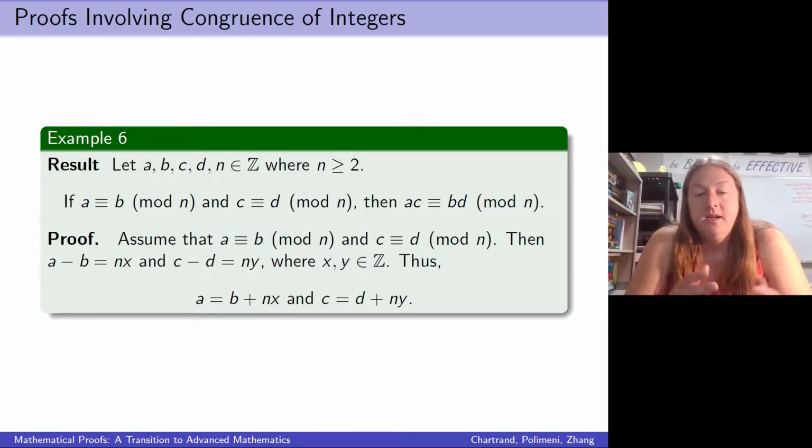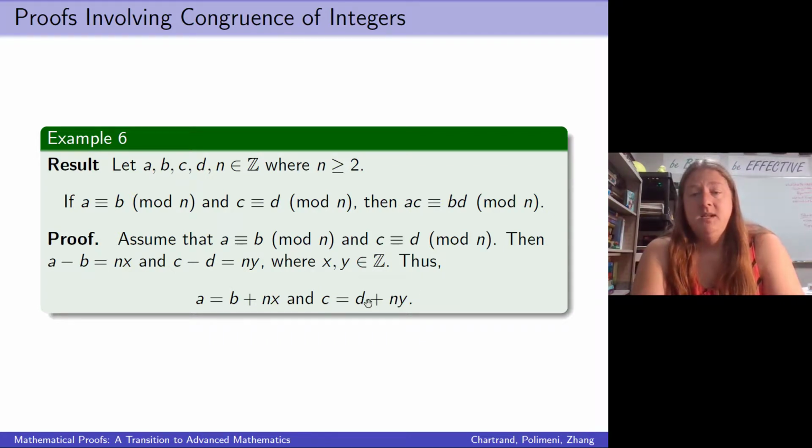Then I move the pieces across, so I solve for a and c: a equals b plus nx and c equals d plus ny. I've done that because I want a product ac separate from a product bd, so I've put my a and c separate from my b and d.